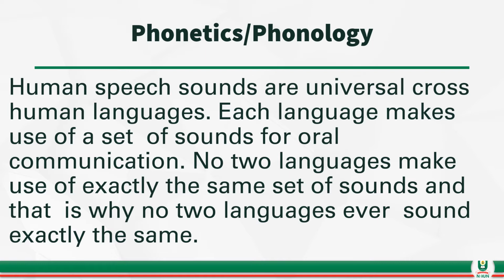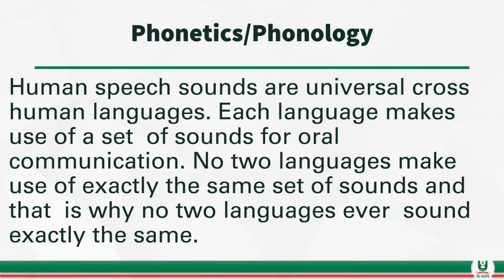Human speech sounds are universal across human languages. Each language makes use of a set of sounds for oral communication. No two languages make use of exactly the same sound or the same set of sounds, and that is why language is unique.